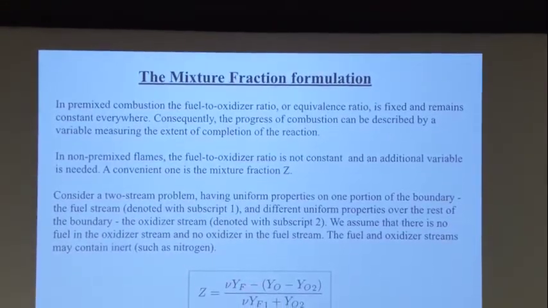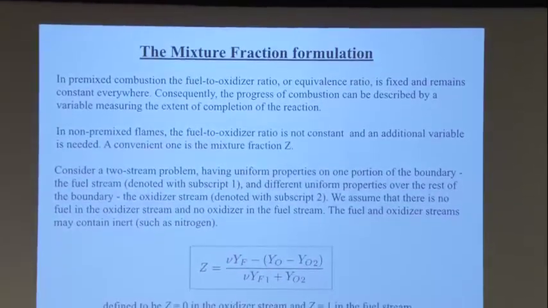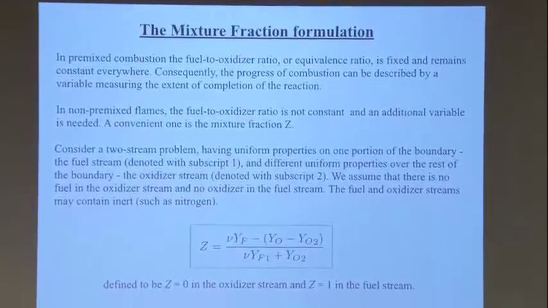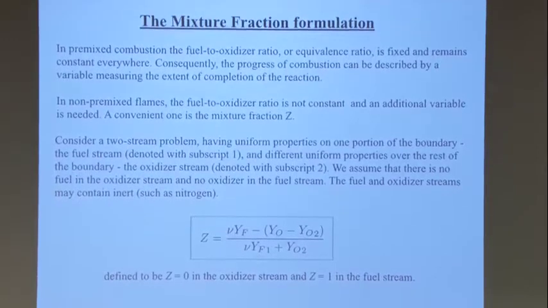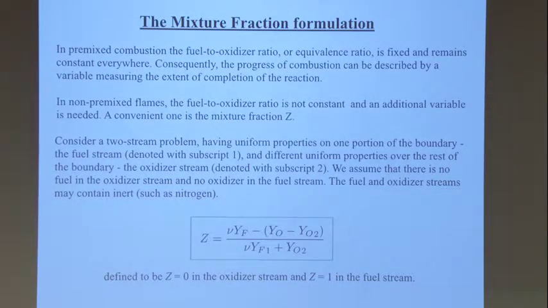But you see it's exactly a difference between YF and YO. So this function Z, for unity Lewis number, should satisfy a reaction-free equation, it's a conserved scalar, right? And you see why it's 0 on one side and 1 on the other simply by substitution.